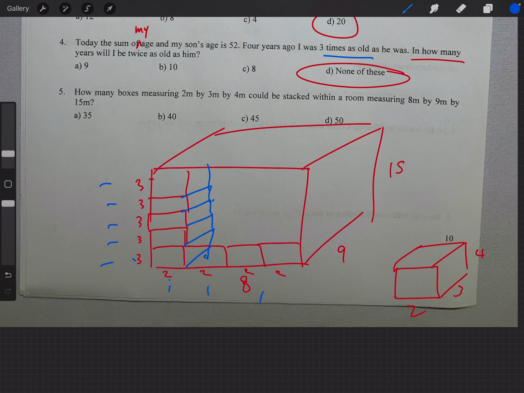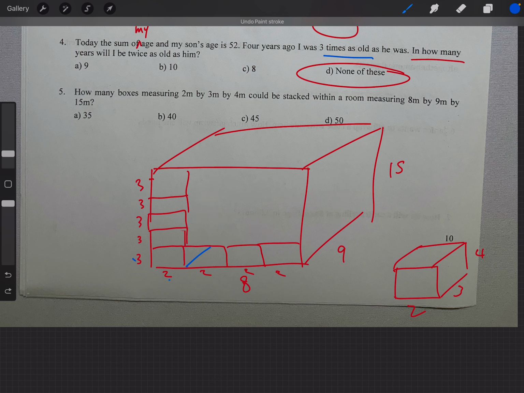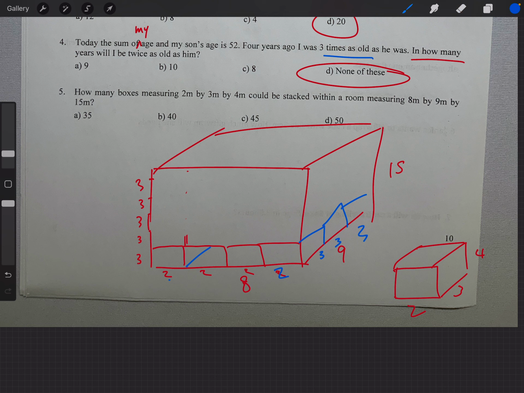I wonder if there's another rearrangement we can do. Let's try, instead of 3 that way, let's do 3 this way instead. So this will be a 2, 3. If you stack 3 that way, how many ways can you stack upwards? Well, 15 divided by 4 will give you 3 and 3/4.